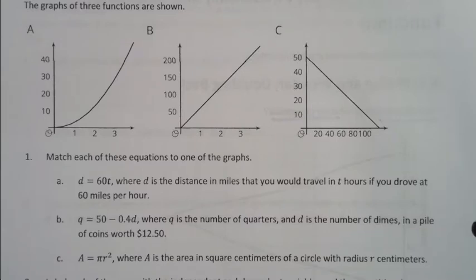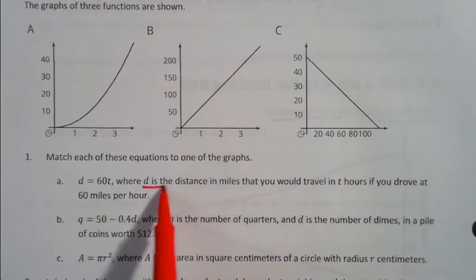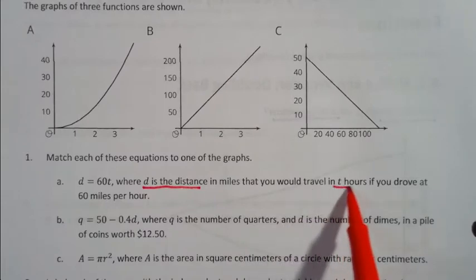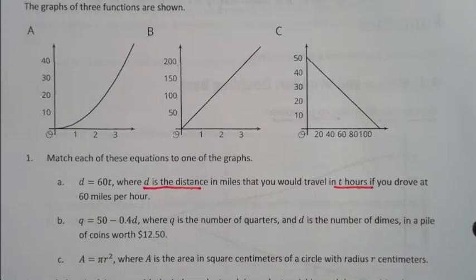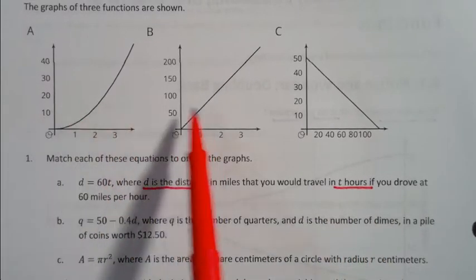All right, so let's take a look at A. A says distance equals 60t, where d is the distance in miles that you would travel in t hours if you drove 60 miles per hour. So d is the distance, t is the hours. So we've got to try to figure out how to match on this graph.